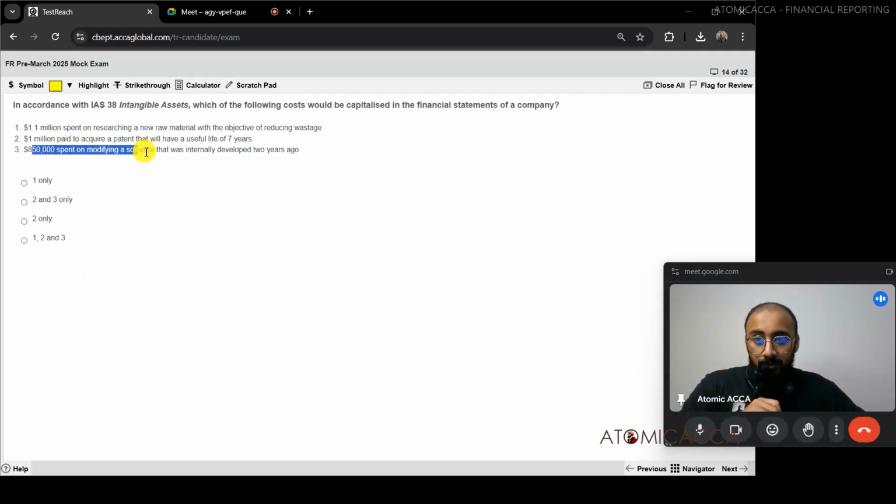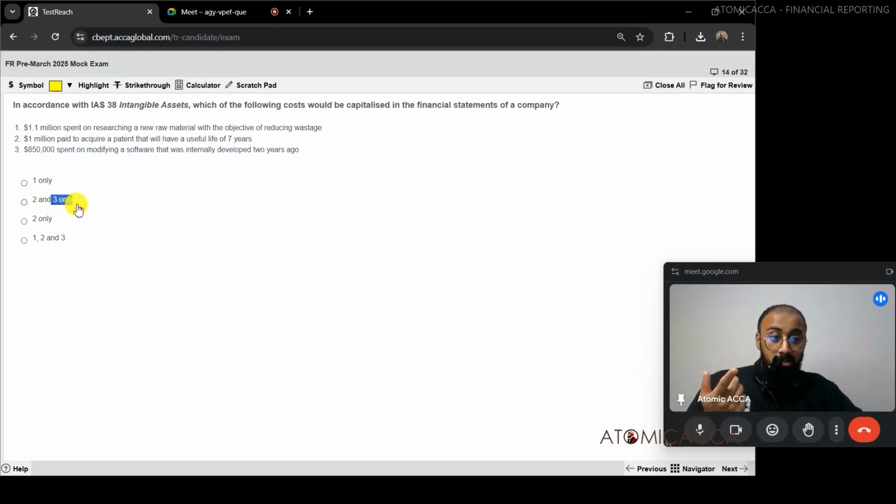850,000 spent on modifying a software that was internally developed 2 years ago. Now this is an internally developed asset. Internally generated brand value or any kind of intangible asset will not be recorded within the financial statements of an individual company. So with that being said, 3 will not be the answer.